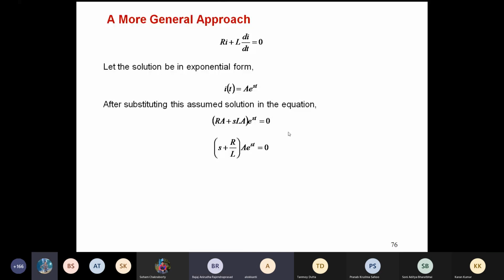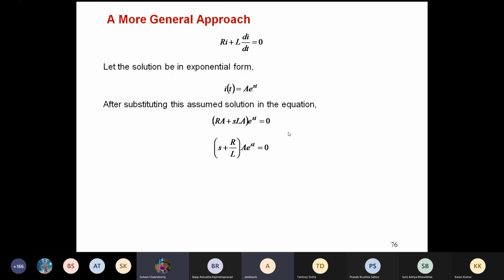So what are the possible values of s and A that will make this equal to 0? A equal to 0 and s equal to minus R by L. But if A equal to 0, then i is equal to 0 as a function of time, so it's a trivial solution.